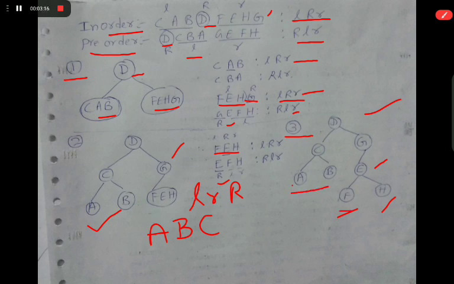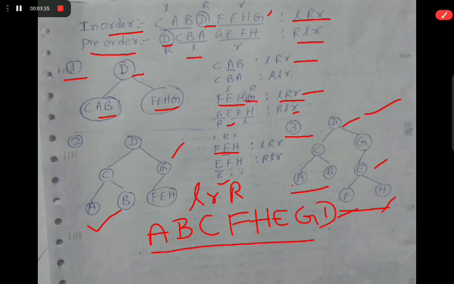Then we check F, H and E. Next we write the root node: first the children in left and right subtrees and then the root node, that is G, and at last the root node D. This follows the post order sequence of the given tree. So this is the correct answer. Option 3 is the correct answer.